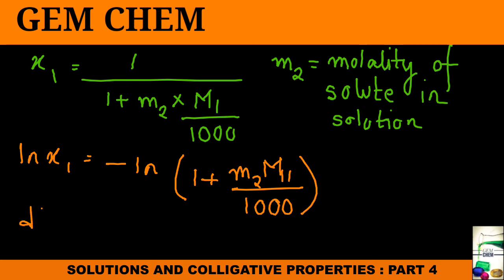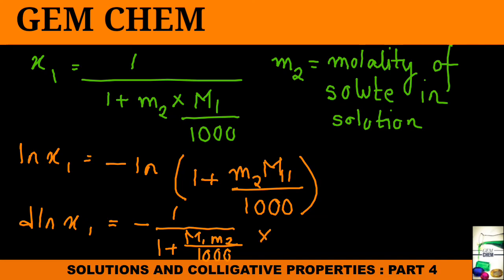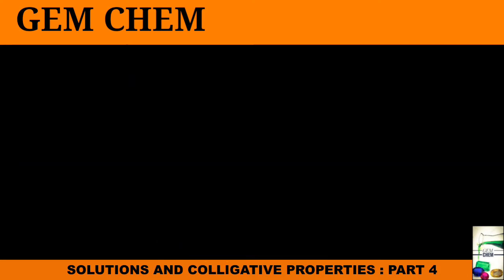If we do d ln xi, then it is near about minus 1 by 1 plus m1 m2 by 1000 into m1 by 1000 into dm2.